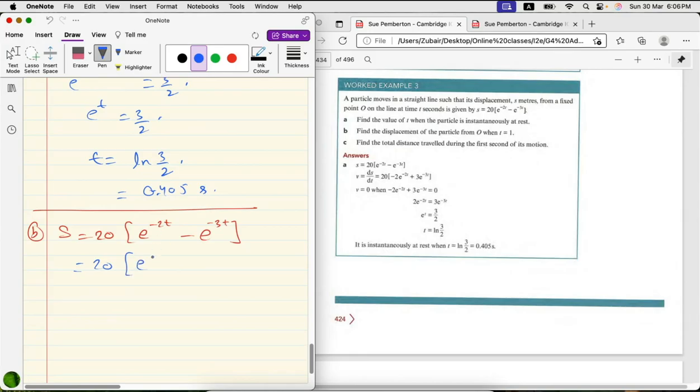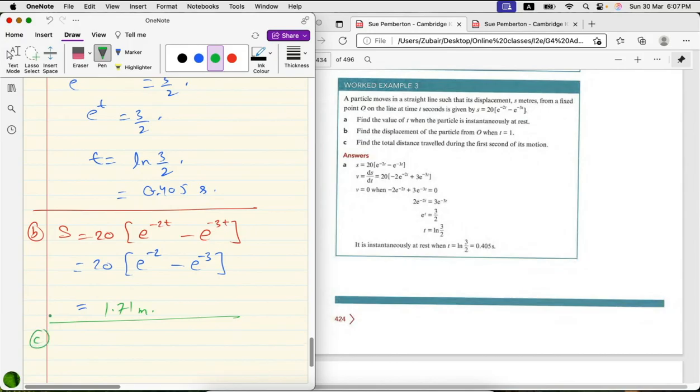When you substitute 1, we get 20 e raised to power minus 2 minus e raised to power minus 3. Using the calculator, this is 1.71 meters.